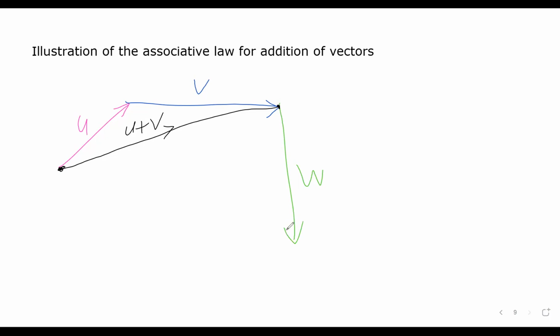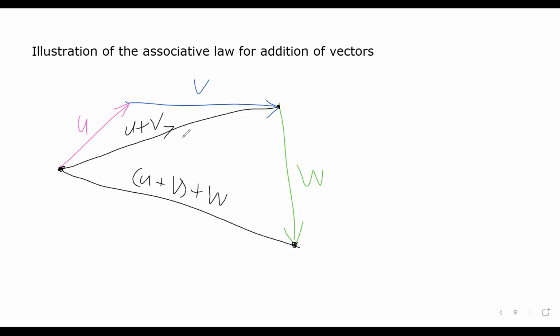And then I add w afterwards. So that's u plus v first and then w. The vector that goes from here to here, one way to view it is you take u plus v first and then add w. So (u plus v) plus w. See how we go along the black arrow u plus v and then along the green arrow w? So that's (u plus v) plus w.